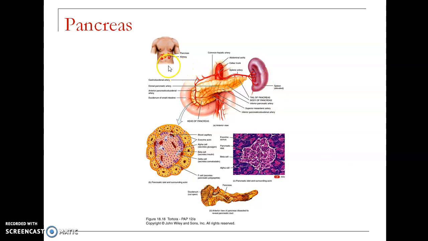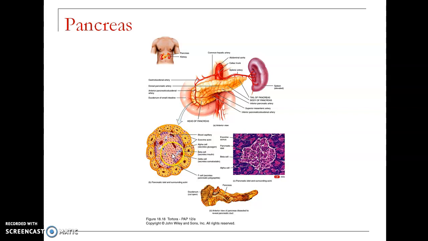Now we'll just see the structure. It is placed here with the pancreas, and if I take a close section, I can see the pancreas as a leaf-like structure. If we take a cross section, it shows two types of cells: the acinar cells, which are the major portion, and the lightly stained part, the islets of Langerhans.